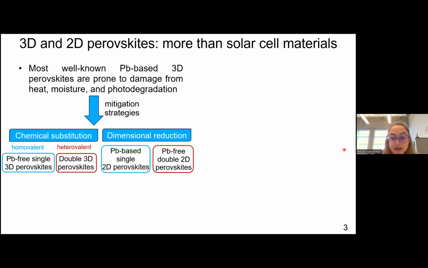That basically means that we can replace lead with a combination of two metals, a monovalent and a trivalent metal, and that would give rise to the so-called double perovskites. These perovskites are still 3D materials.